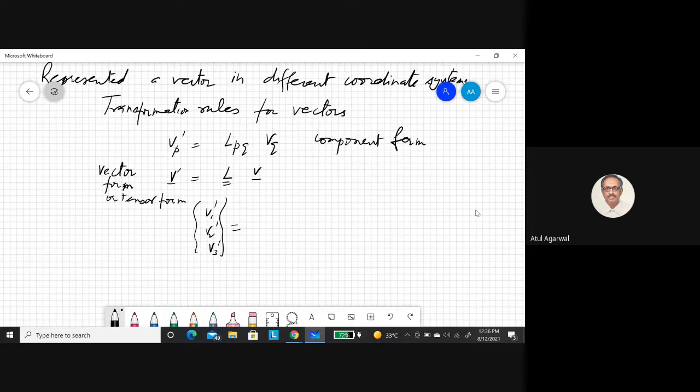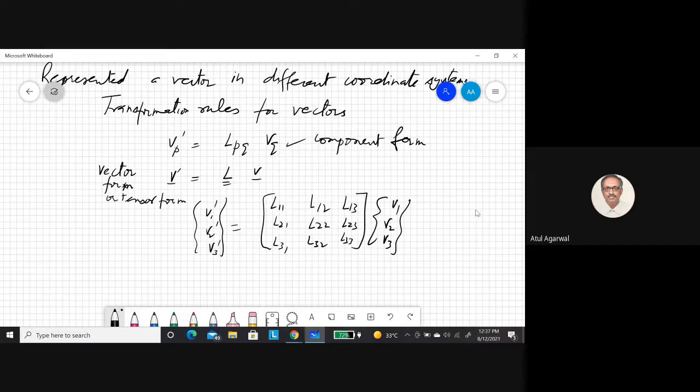These are the three components of this vector. This is your matrix. You see, in the matrix, your column index is the right index. It is 1 for the first column, 2 for the second column, 3 for the third column. If we do this matrix multiplication, you will get the same equation.